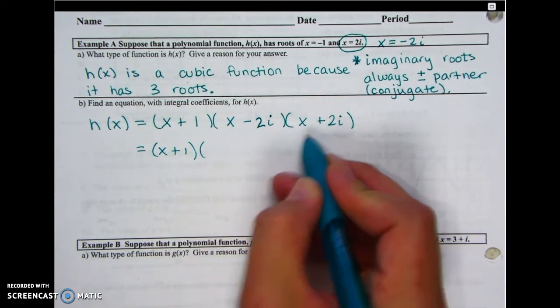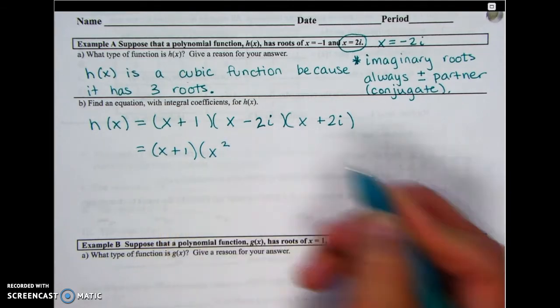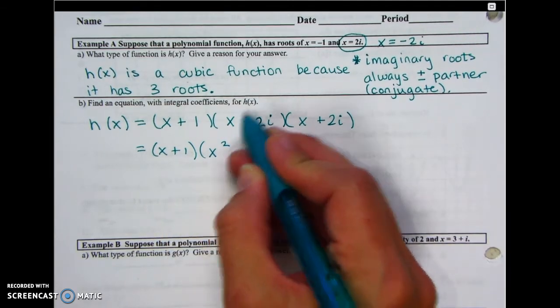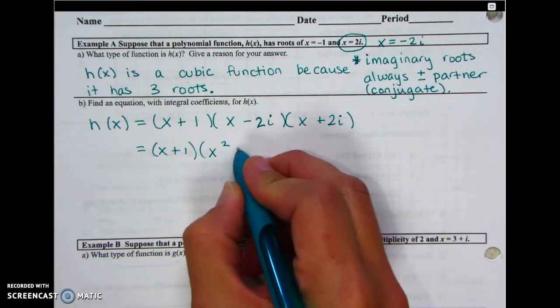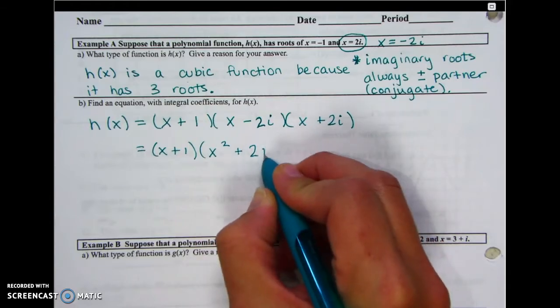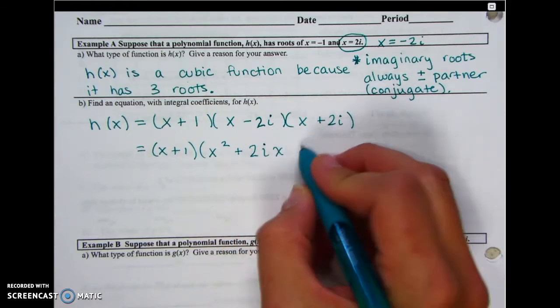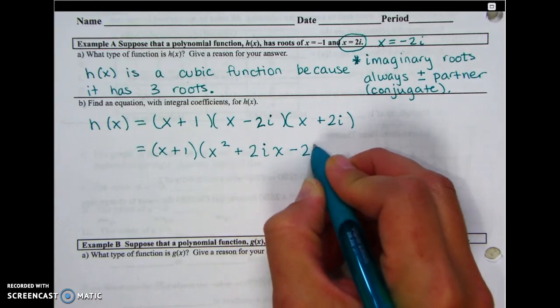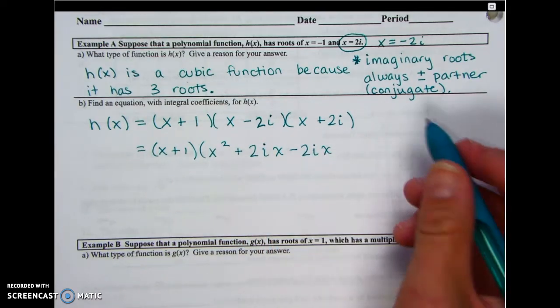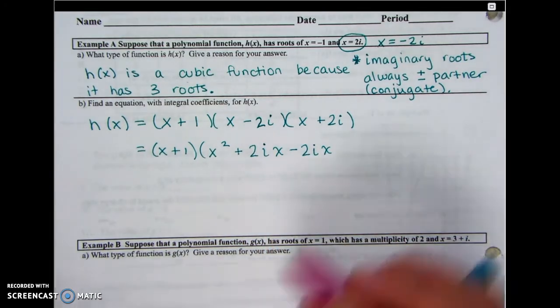Here we go. X times x, x squared, x times positive 2i, positive 2ix, and then the inner here would be minus 2ix, and then the last, okay, watch this.